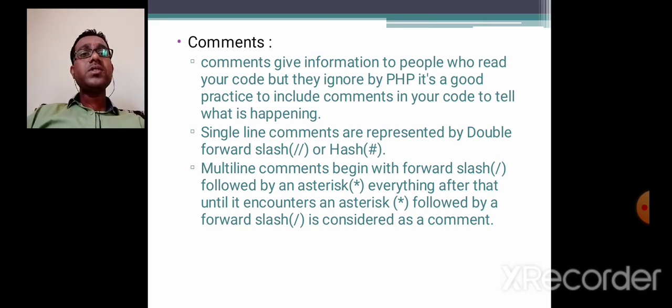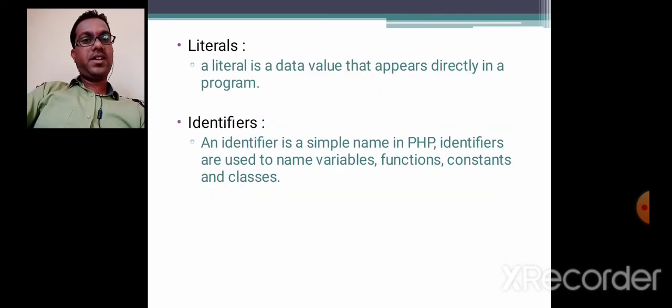Single line comments are represented by a double forward slash or a hash, and multi-line comments begin with a forward slash followed by an asterisk, traditionally called star, but it is an asterisk. Everything after that until it encounters an asterisk followed by a forward slash is considered a comment. That means everything written within the forward slash and asterisk acts as a comment.